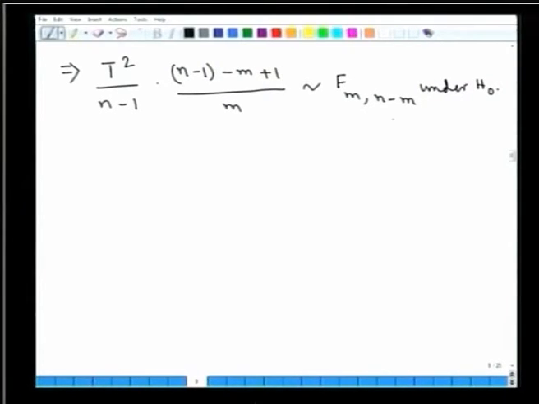So if we have that to be a central F distribution, we will use this distribution in order to reject or accept the null hypothesis.